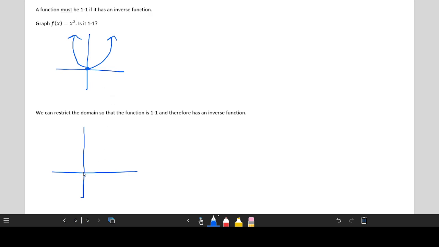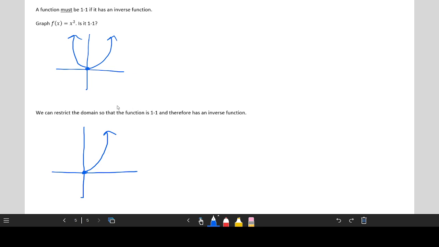So basically, if you keep the vertex and you keep the right half of the parabola, but you don't use the left half, now it's 1-to-1, right? Now it passes the horizontal line test. We're not hitting 2 points with any of those horizontal lines. And if you made a table, you would only see each y value showing up once. You have 0, 0, 1, 1, 2, 4, 3, 9. You wouldn't have any of those duplicates from the left side.